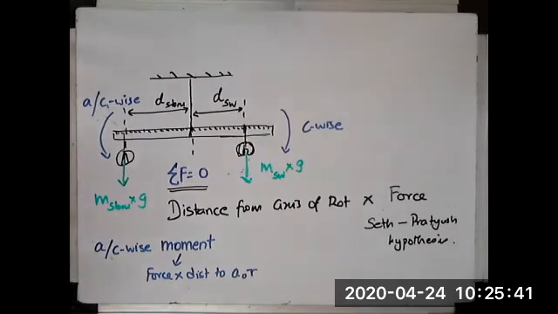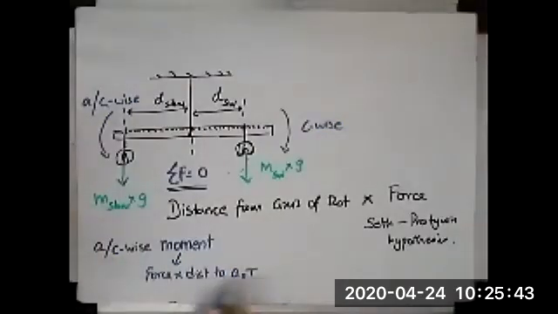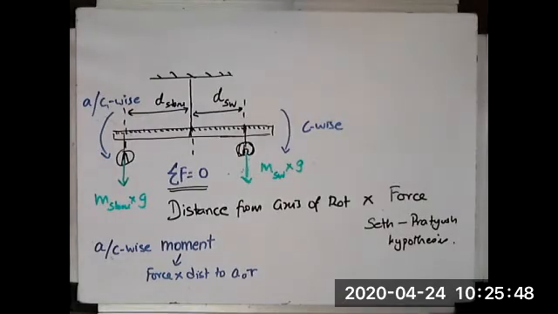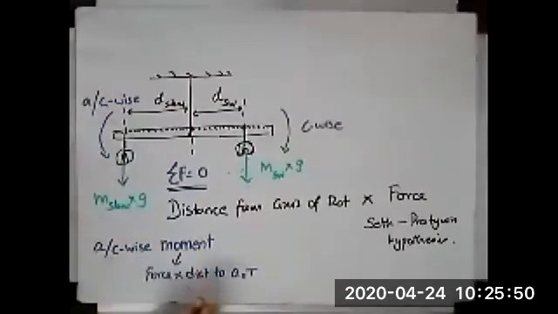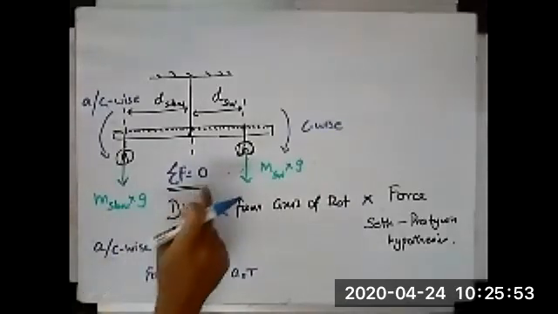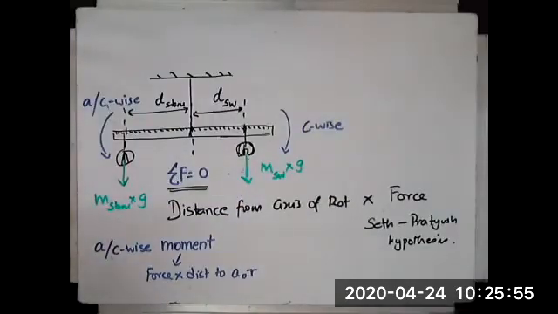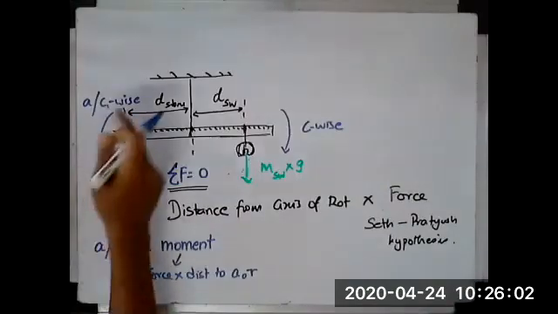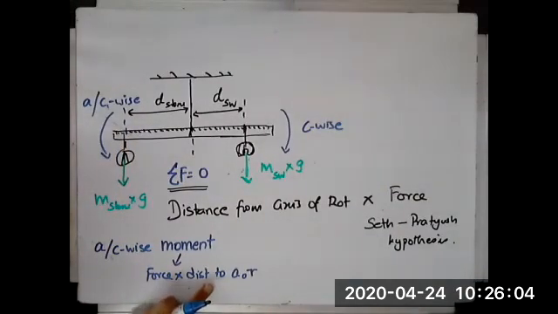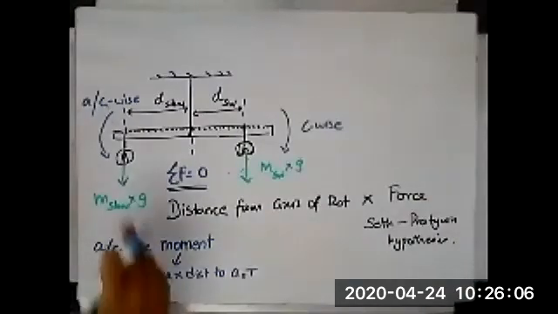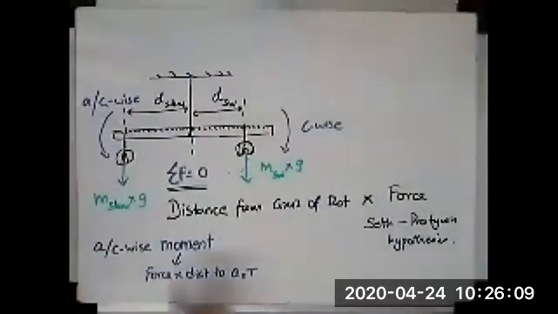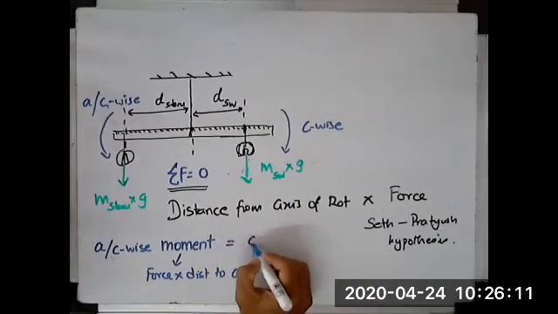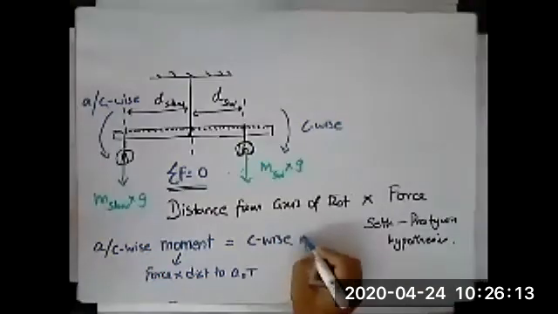Even this is not quite kosher. I'd like to demonstrate a little bit why it's not just the force multiplied by the distance to the axis of rotation, but for the moment I'll keep it as it is. So for static equilibrium to be true, the anti-clockwise moment, all the forces causing anti-clockwise rotation multiplied by their distance to the axis of rotation, should be equal to the clockwise moments.